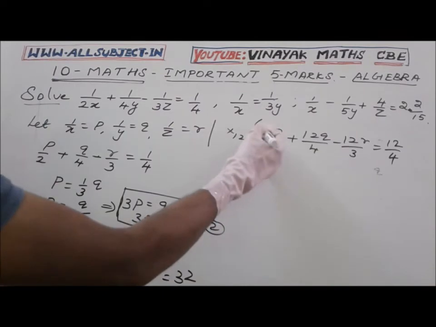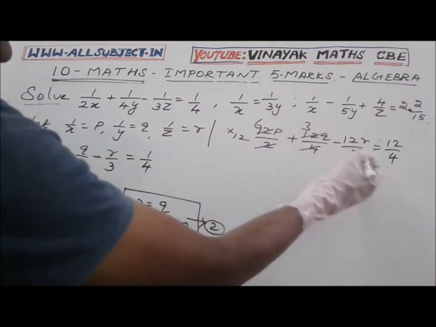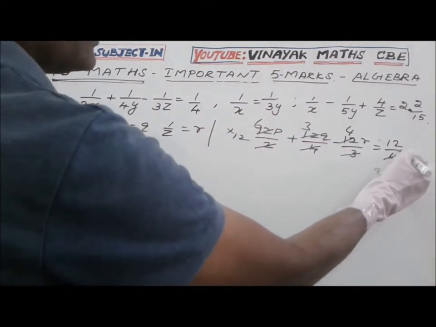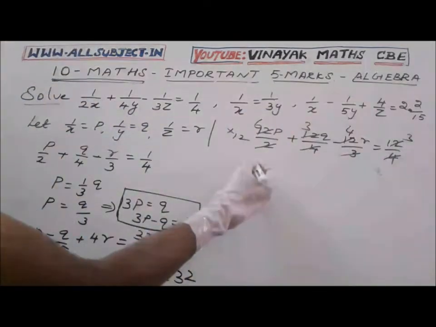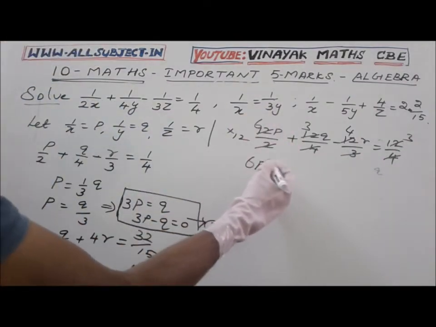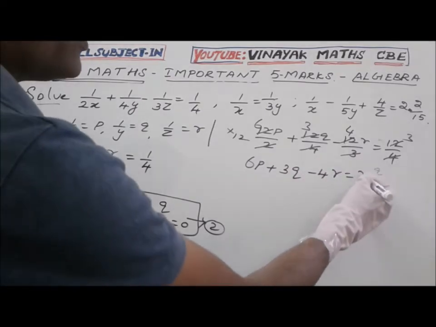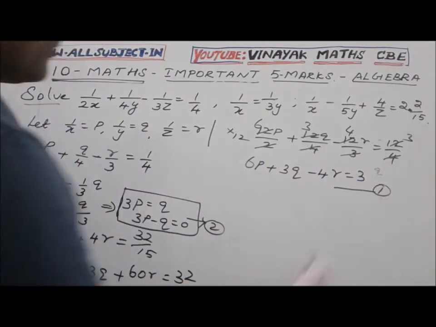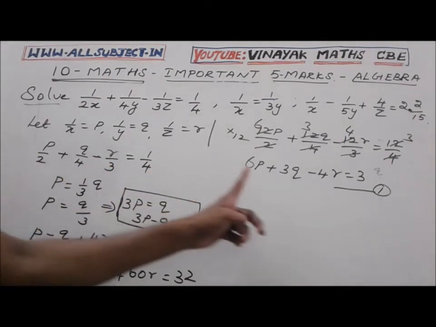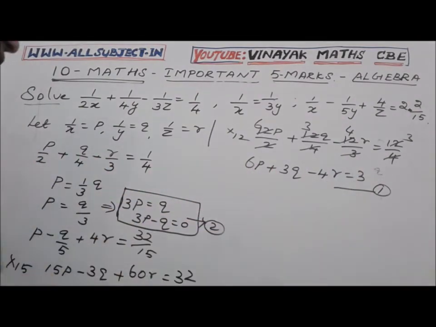Here we can cancel: 6 times, 3 times, 4 times, and 3 times, which will be equal to 6 into P plus 3 into Q minus 4 into R equal to 3. This is the equation number 1. From this we have derived 6P plus 3Q minus 4R equal to 3.